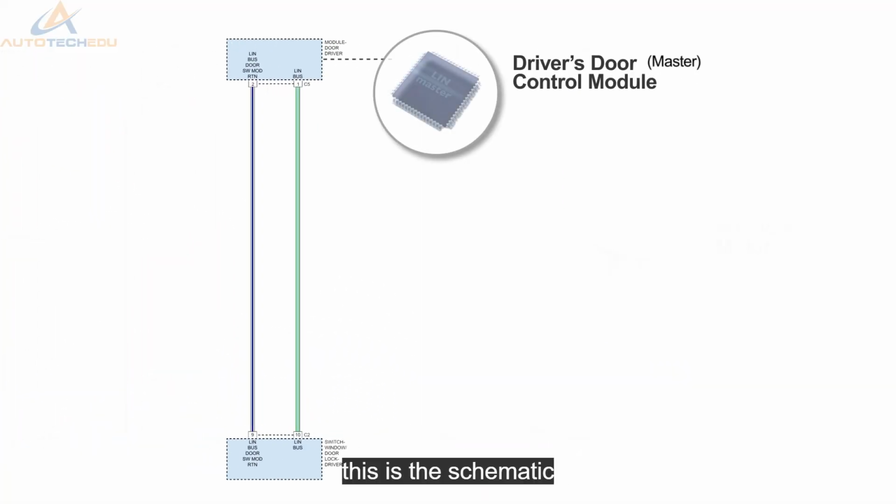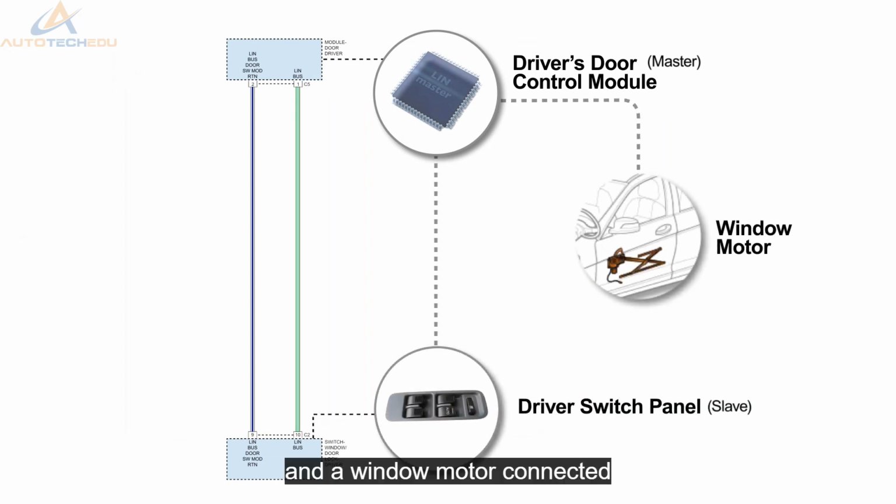This is the schematic for the driver's door control module, incorporating a driver switch panel and a window motor. Connected to the main switch panel are both rear window switches and motors. LIN is used to connect the door control unit and the main driver switch panel.